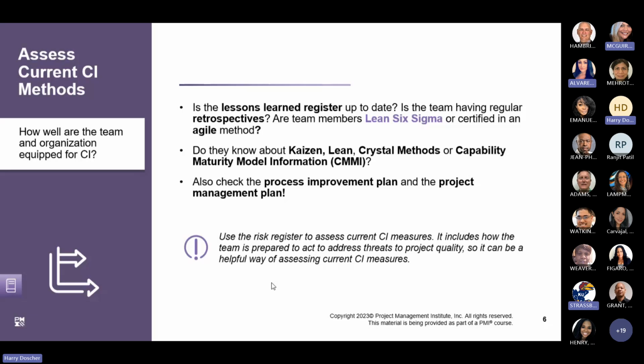What PMI says to do is to use the risk register to assess current continuous improvement measures. It includes how the team is prepared to act to address threats to project quality. So it can be a helpful way of assessing current continuous improvement measures.